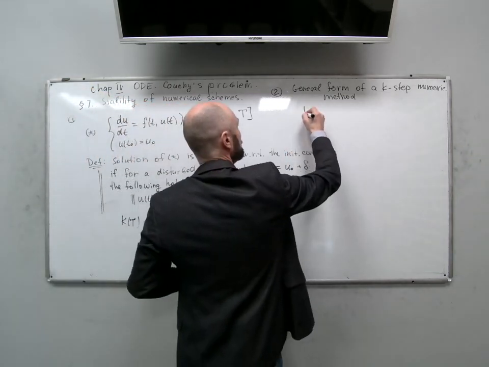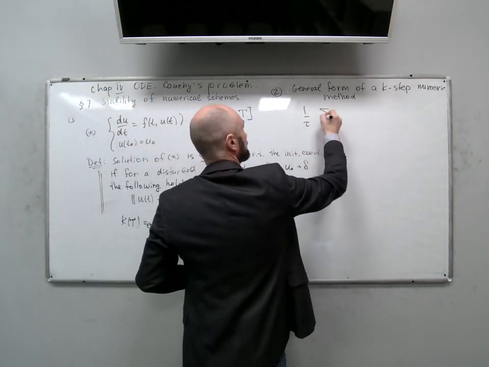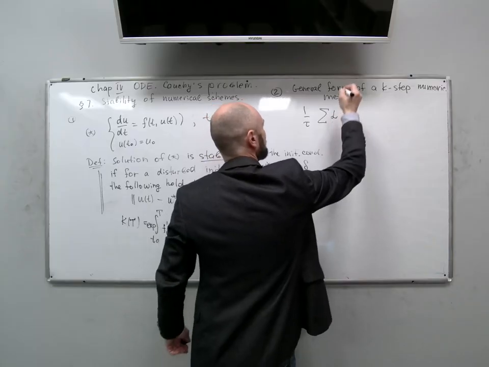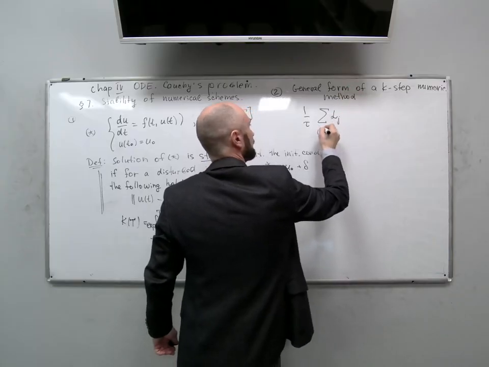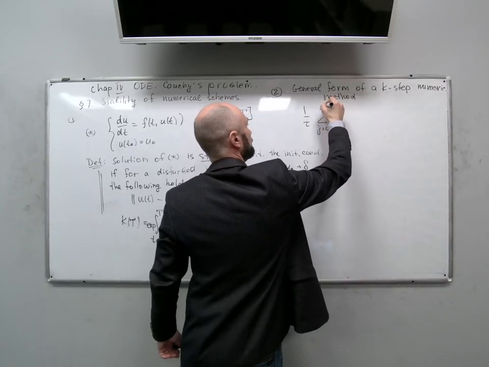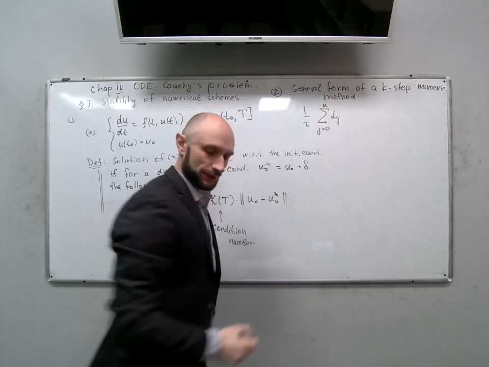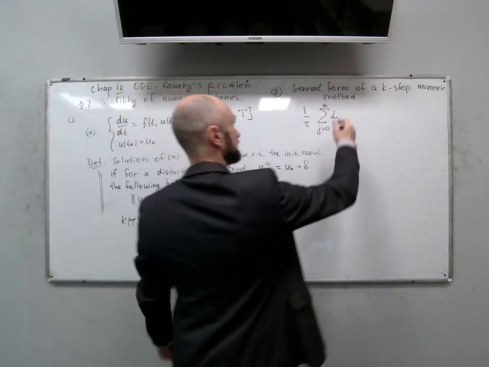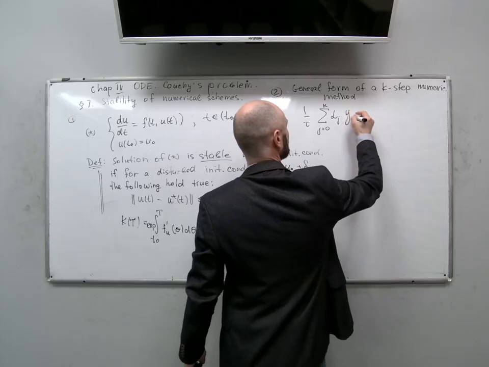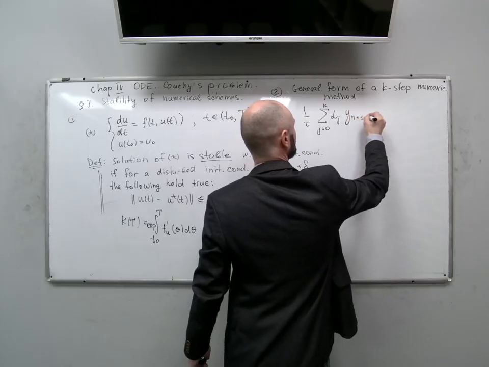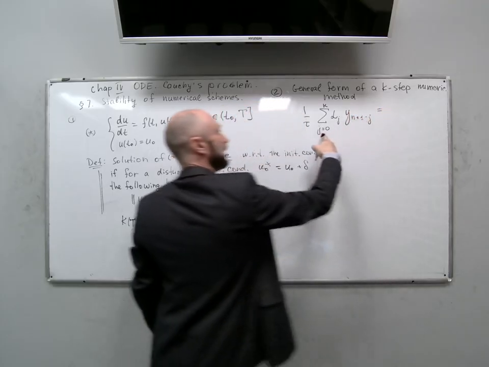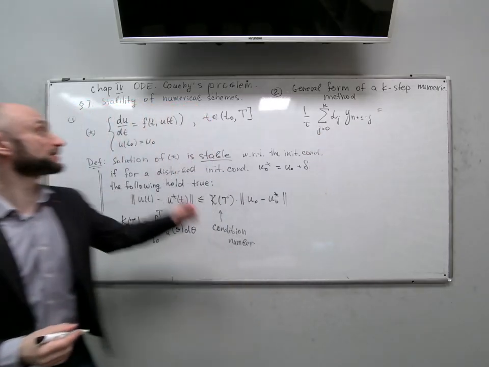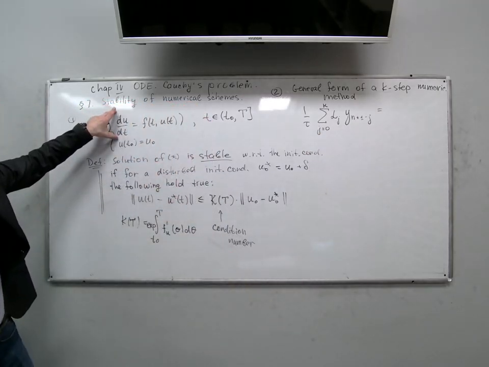And I hope you remember from the last lecture that the general form of the method can be expressed like this. This is the approximation of the left-hand side of our equation, actually.